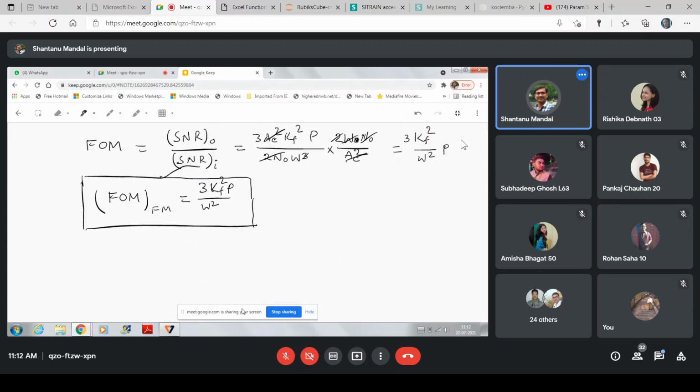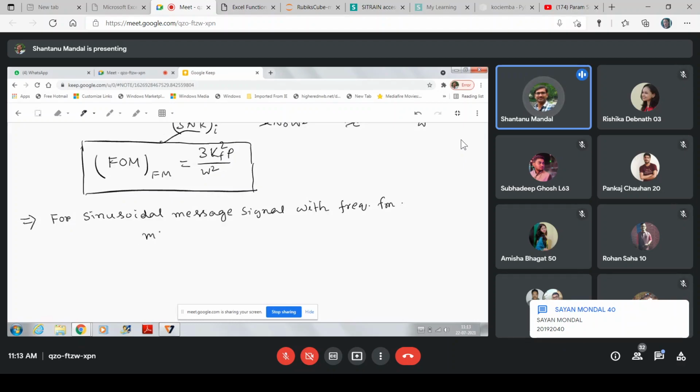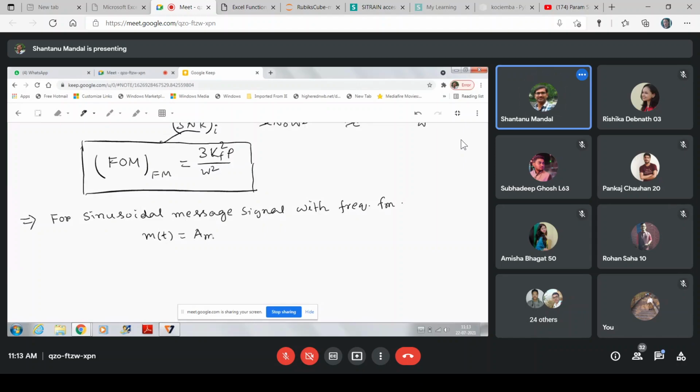Now if the message signal is sinusoidal, for this special case, consider a sinusoidal message signal with frequency FM, that is m(t) equal to AM cos of 2 pi FMT.